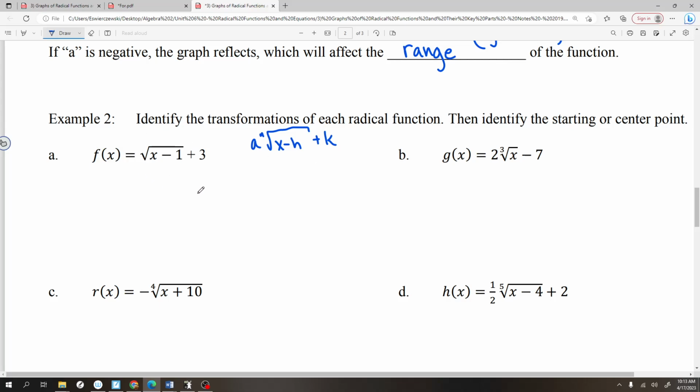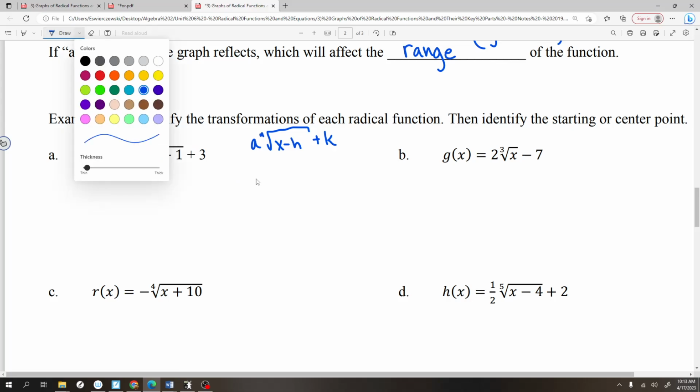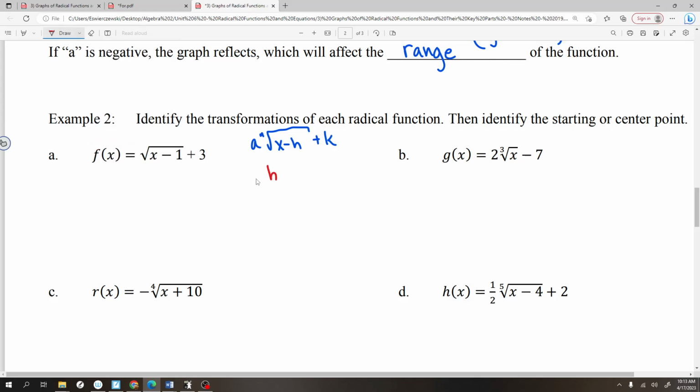Looking at this, what is the h value? What would be h? What am I subtracting? Careful. It's going to be 1 in this case, because that minus sign is already part of that transformation form.